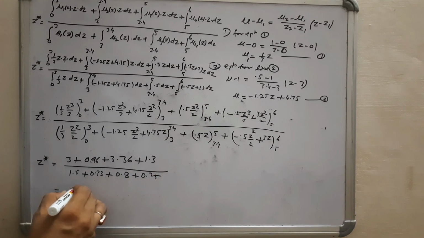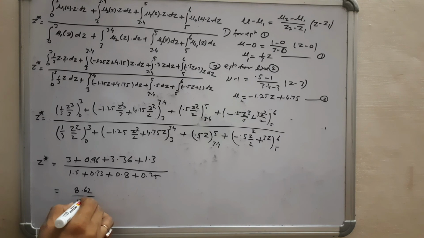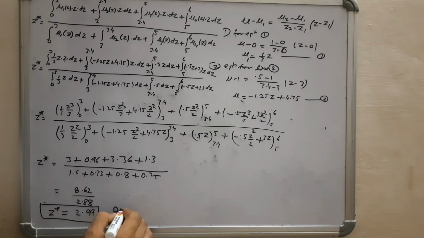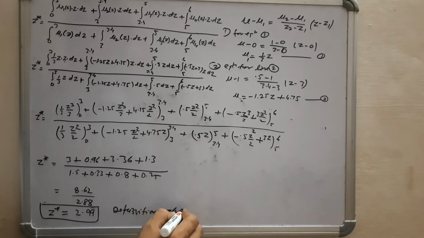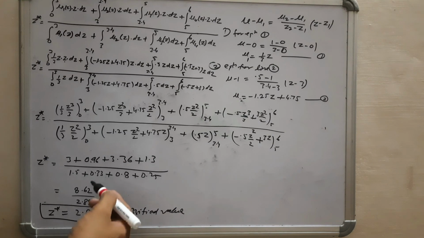If we solve it, it comes out as 8.62 upon 2.88, that is around 2.99 z star. This is our defuzzified value. So kindly check your result. There may be some minor variation in this calculation. So it is 2.99, the defuzzified value.